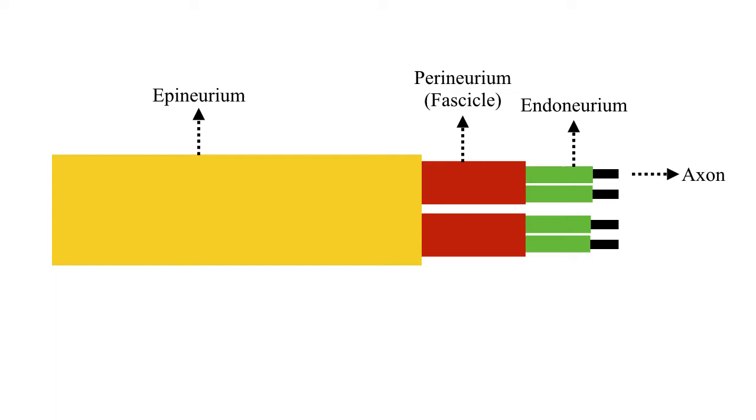So these black structures are called axons, which is the basic functional unit of a nerve, and the axon is covered by endoneurium. The group of axons is called fascicles, and the fascicles are covered by perineurium, and the fascicles together are in turn covered by epineurium, which is the outermost covering of the nerve.